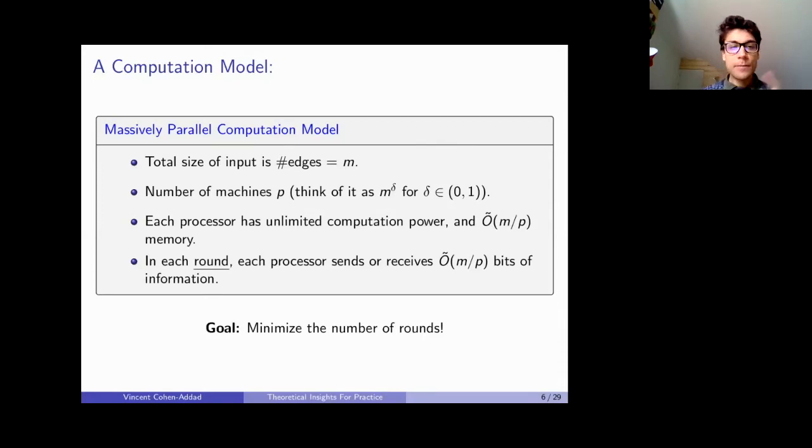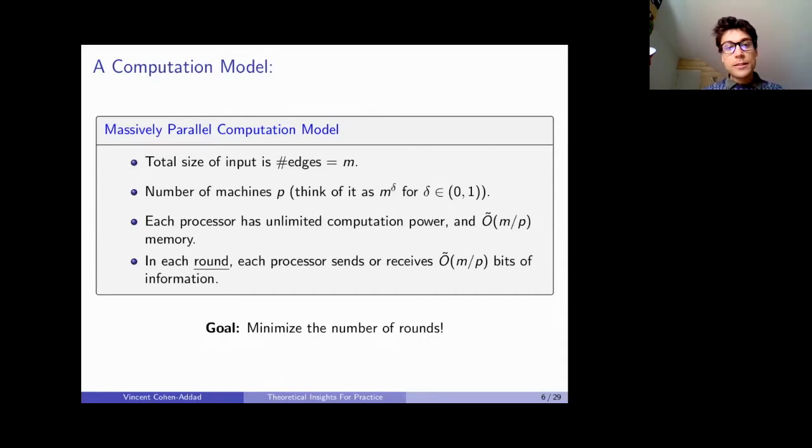One reason is that maybe you can implement it and deal with very large data sets, and big companies are happy. The other reason, which I prefer, is that it's probably an algorithm that is simple enough, doing basic enough operations, that I would be tempted to implement it. I wouldn't be afraid to implement it. Of course, you can have complicated massively parallel computation algorithms, but in general, if you can find such an algorithm, maybe that's good.